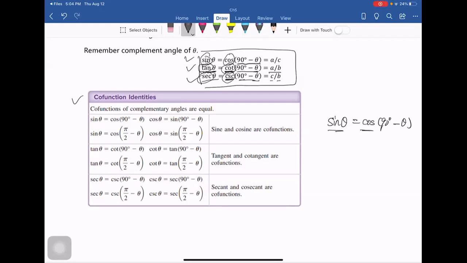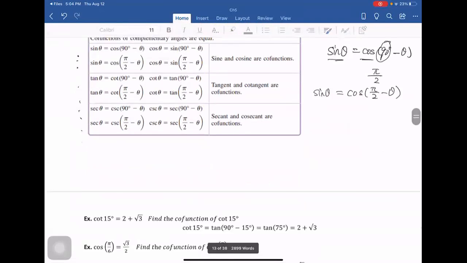They satisfy the relationship we just learned. And remember that 90 degrees can also be converted to radians, which is pi/2. So when you see sine theta, you need to recognize that it equals cosine of (pi/2 minus theta). Okay, let's move on to the next part.